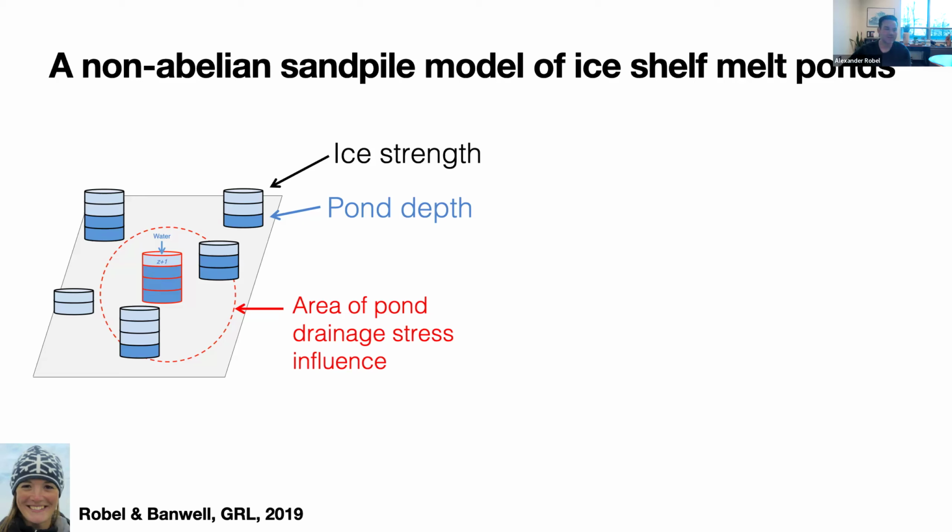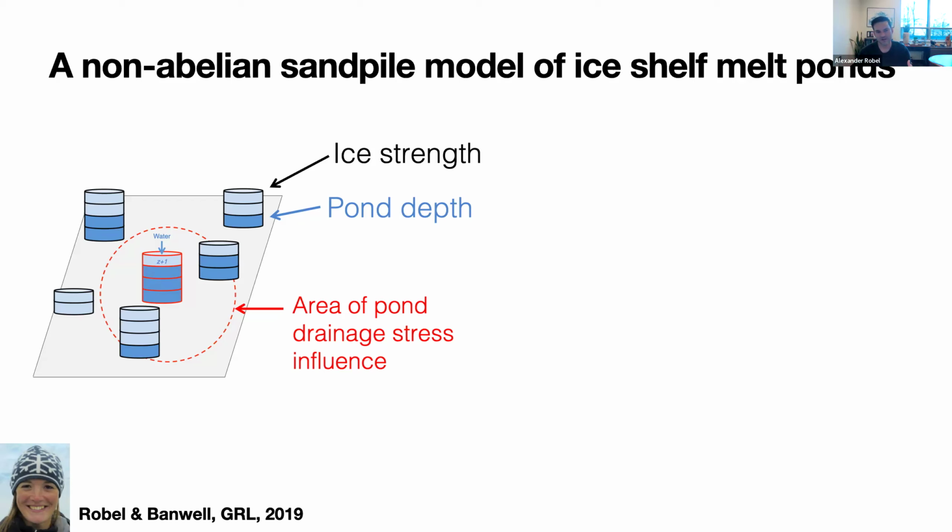And when you rapidly drain water from an ice shelf, you basically get this instantaneous elastic response of the ice, which can cause it to fracture, right? So you slowly put a load on an elastic plate, and then you instantaneously remove that load, and that can cause a fracturing response. That's because ice is a viscoelastic material that, when stressed enough, can also exhibit brittle fracture behavior.